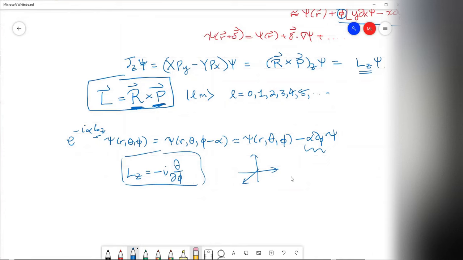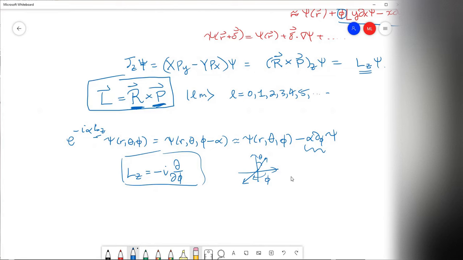Again, phi is this angle around the z-axis, and theta is the angle away from the z-axis. So that's what LZ does, and now you can do a similar thing to see what happens to rotations around the other axes.